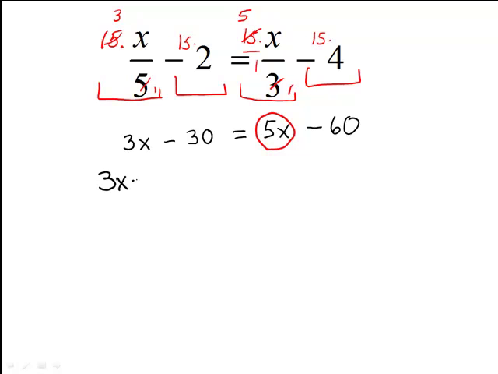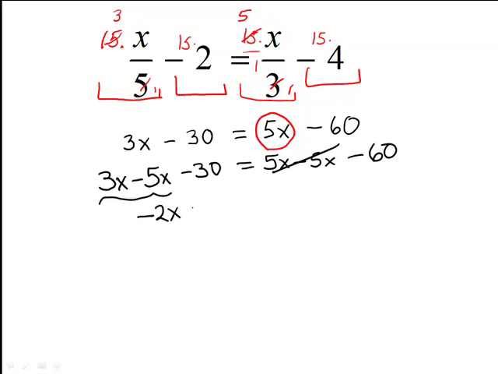This one will cancel. That was our plan. And these will combine. That will give us a negative 2x minus 30 equals negative 60.